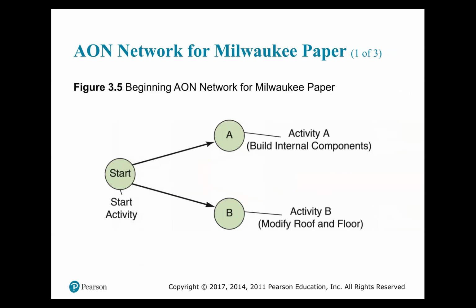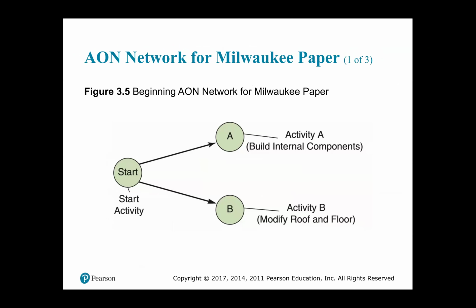So I'm going to go back to the diagram. So here we have those activities, A and B, being drawn out of our start node. So you have your arrows. The arrows are very important.